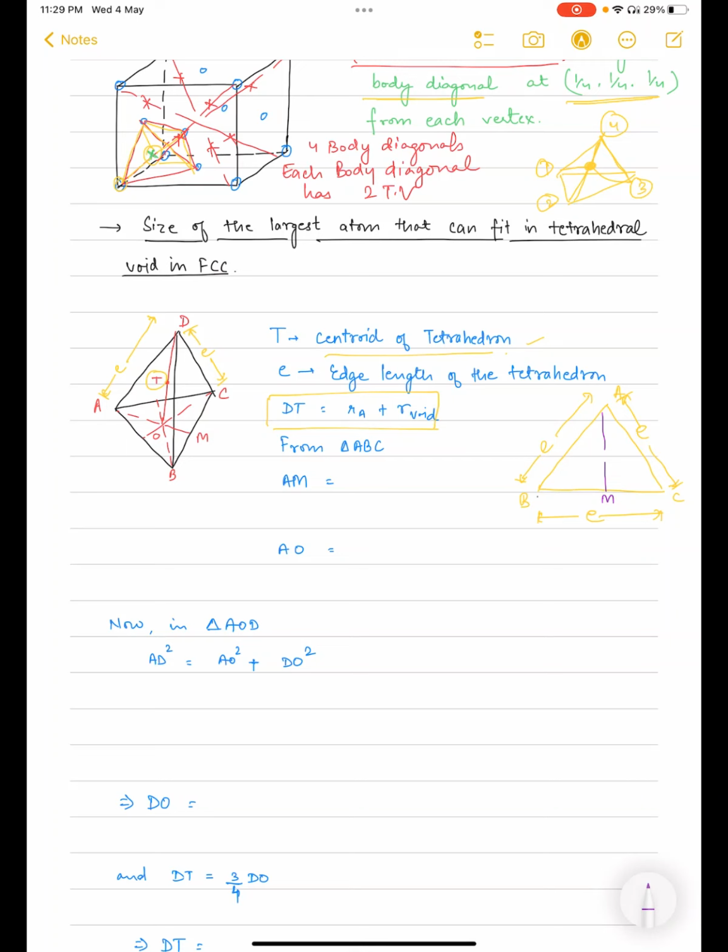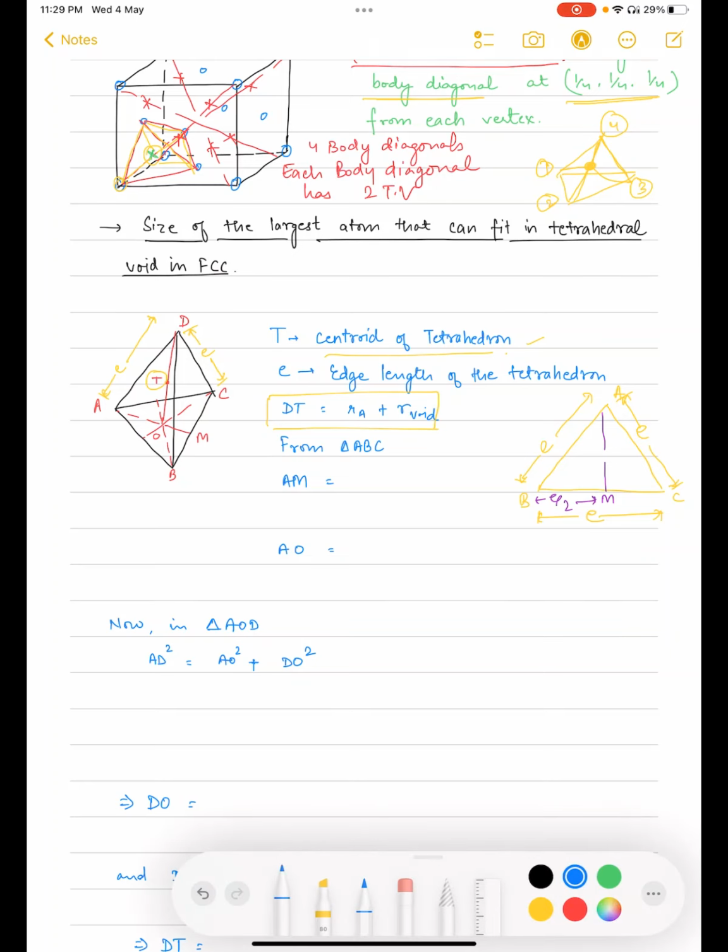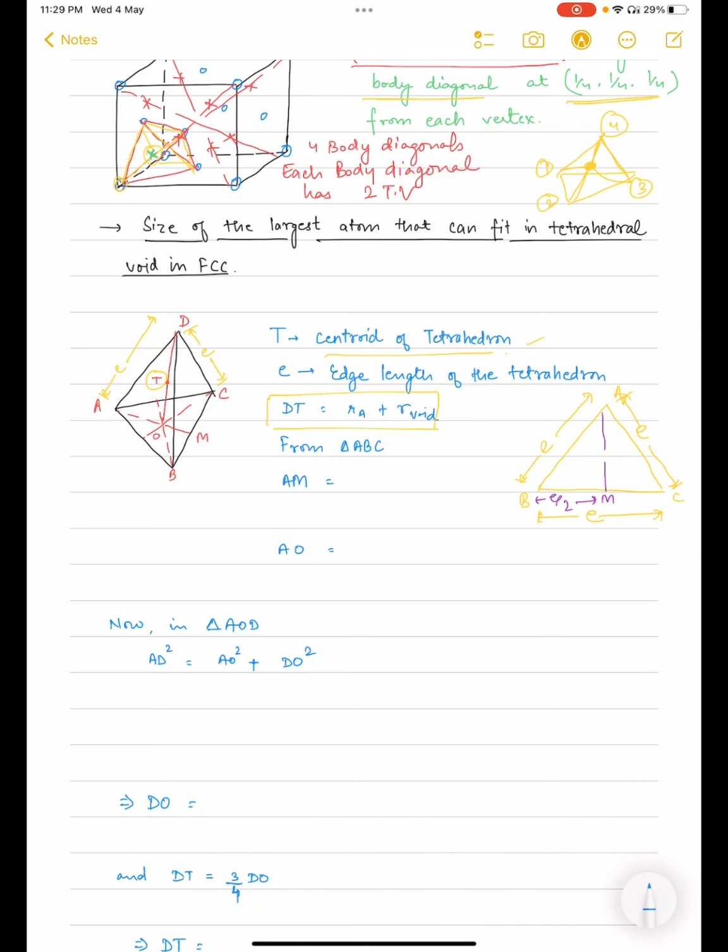So this BM length is E by 2. Okay, so from here AM is equal to the square root of E square minus (E by 2) square. So this AM becomes root 3 by 2 E.